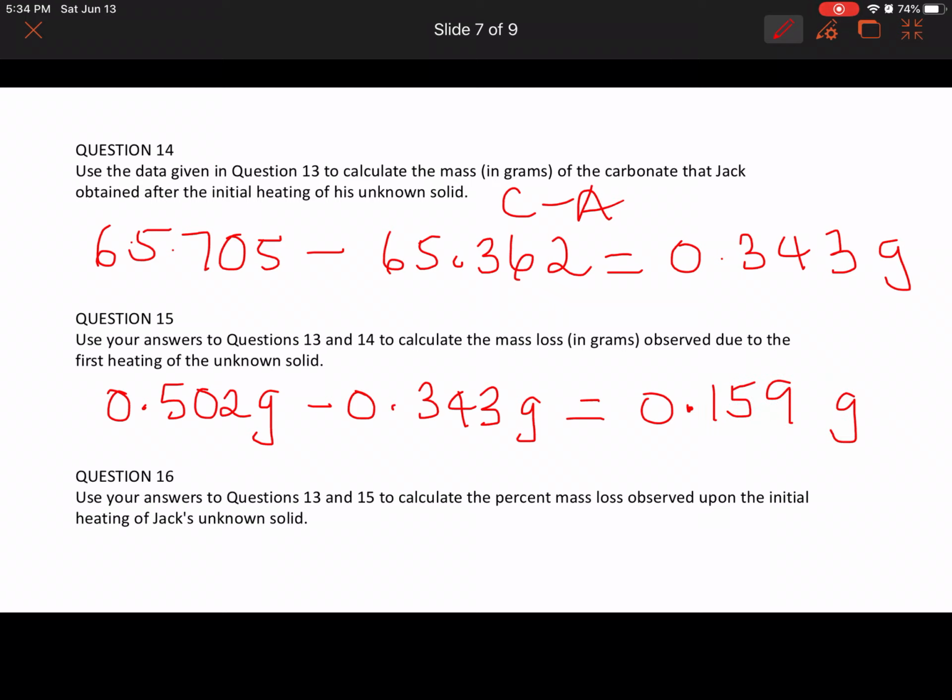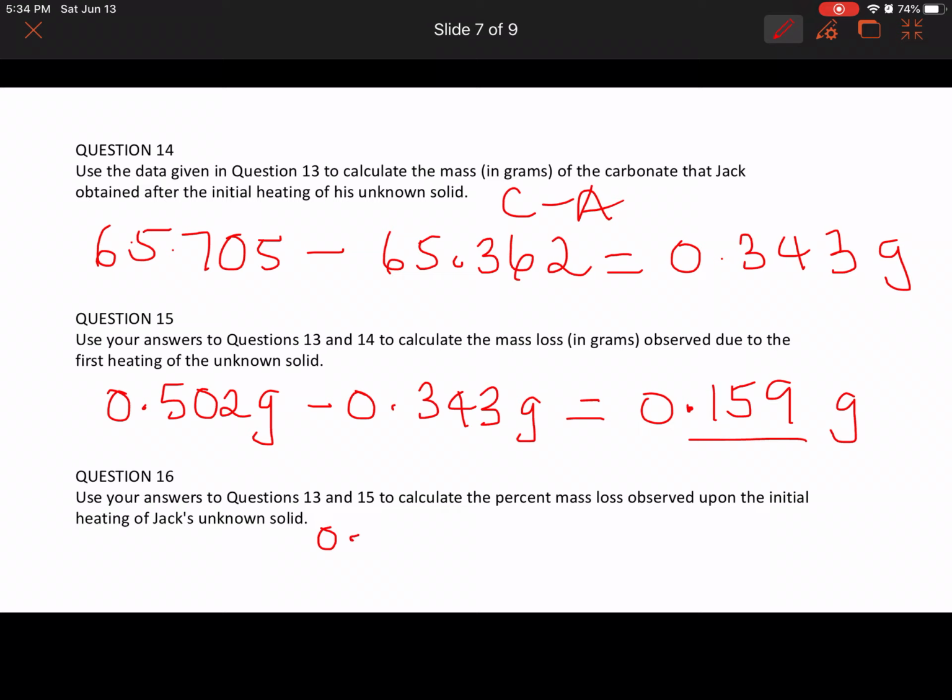Okay, and then use your answers to questions 13 and 15 to calculate the percent mass loss. So what is the percent mass loss? It is going to be the loss divided by the initial solid times 100. So the mass loss is 0.159, that's question 15.